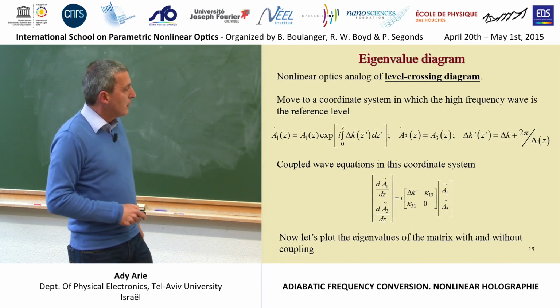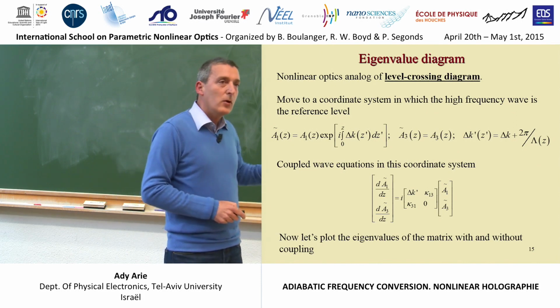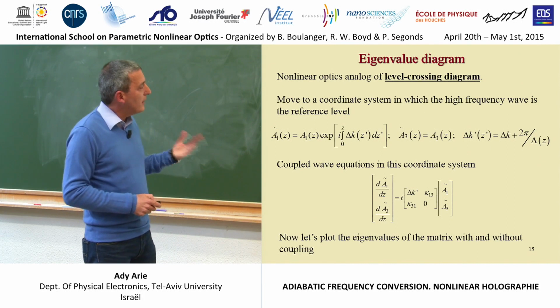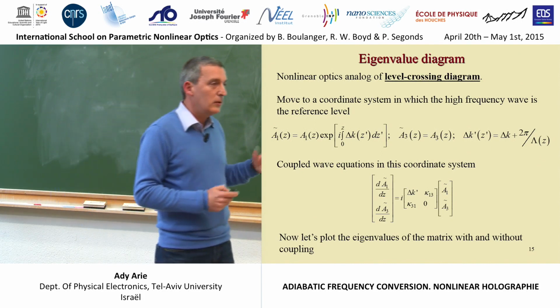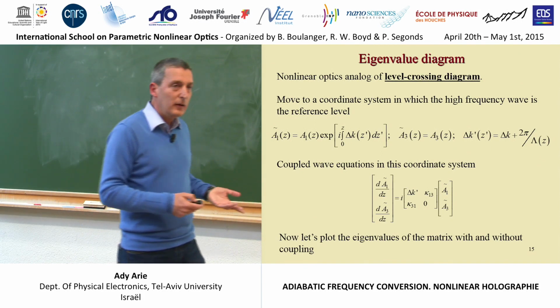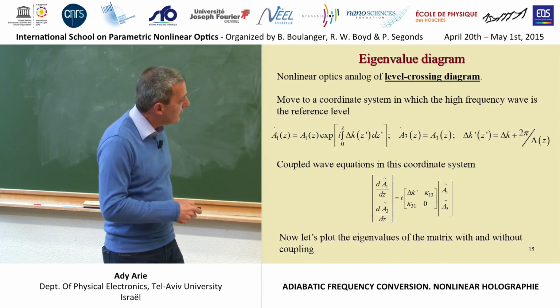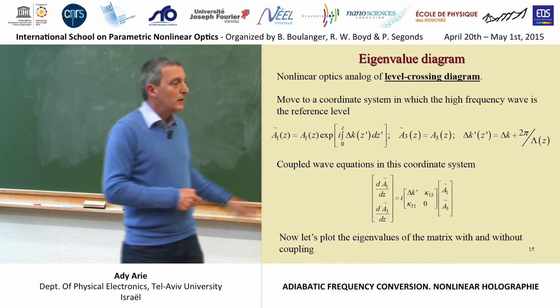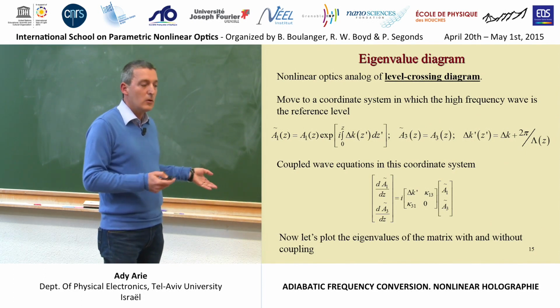Okay, so now I can find the eigenstates of this wave equation in two cases. One, when there is coupling, when kappa 1,3 and kappa 3,1 are non-zero. And the other case, when there is no coupling.